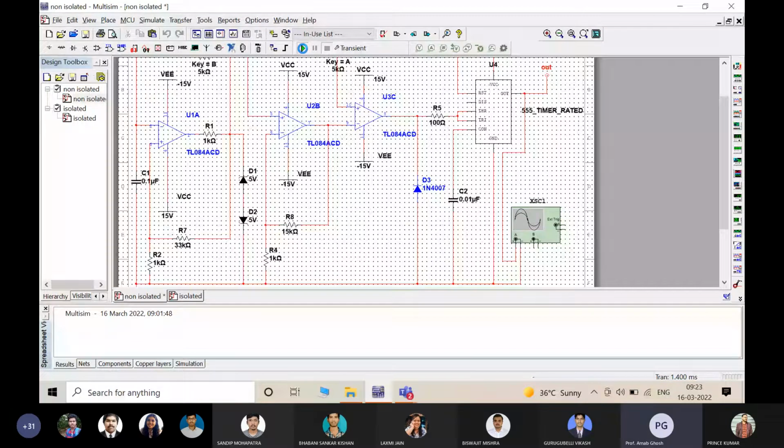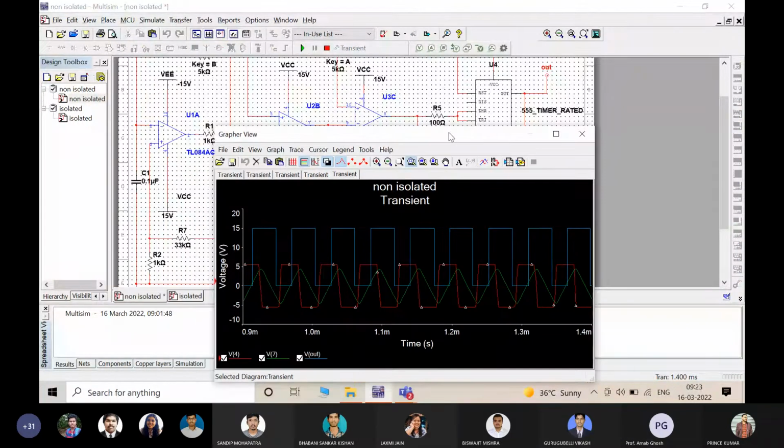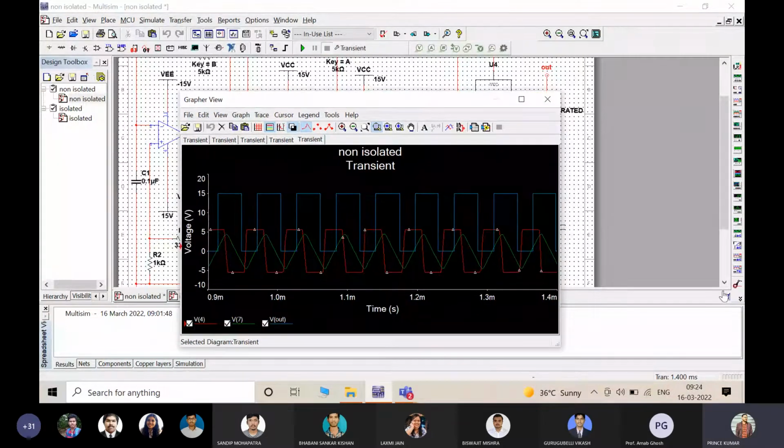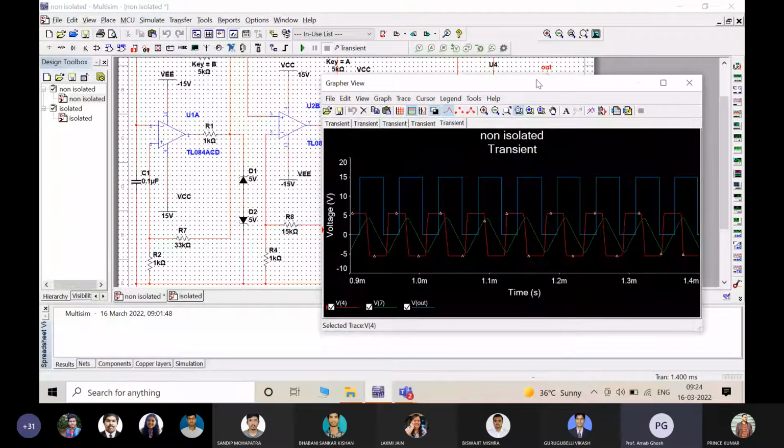Okay, please run it and show me again. Explain to me, which one is the triangular one? Please explain. Yes, sir. First op amp's waveform is this one, the red one. That is the square wave.